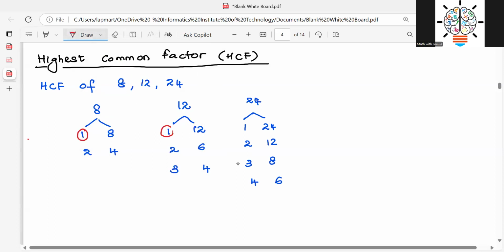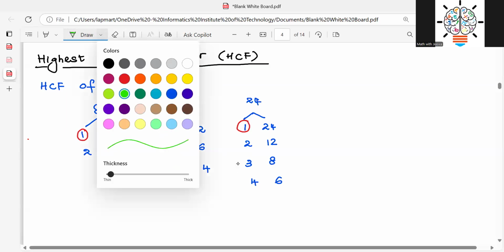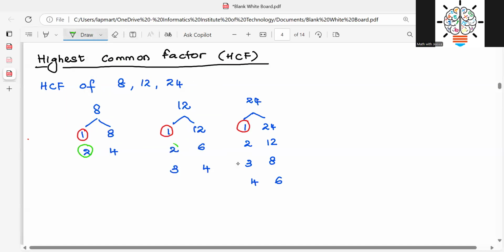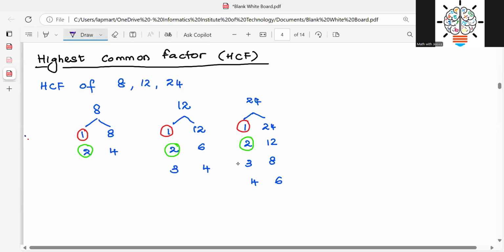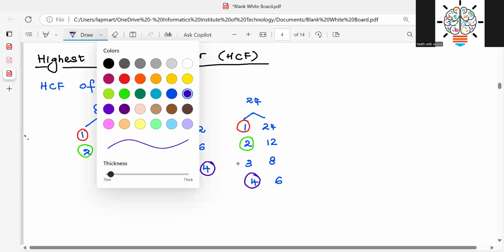That 1 is common, okay? Then 2 is common. Then what else is common? That 4 is common. 8 is common in 8 and 24, but it is not common with 12. So these are the 3 numbers we can consider as the common factors.